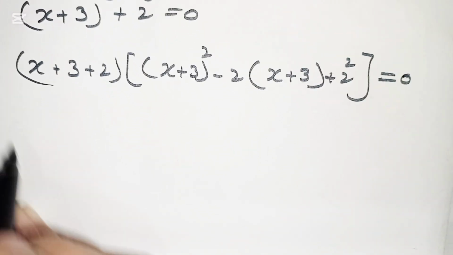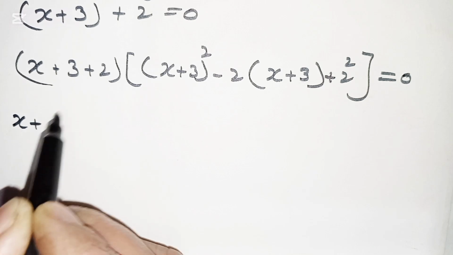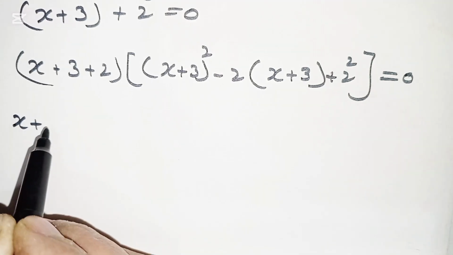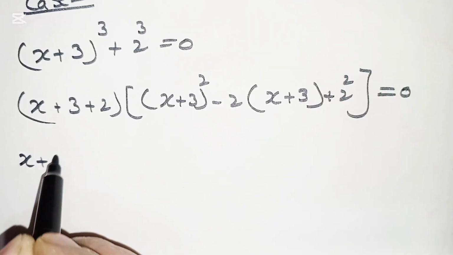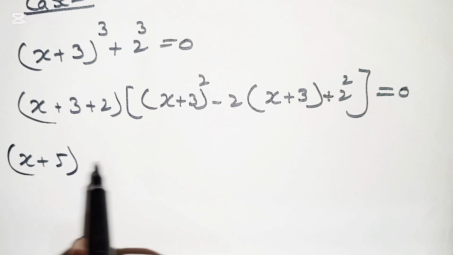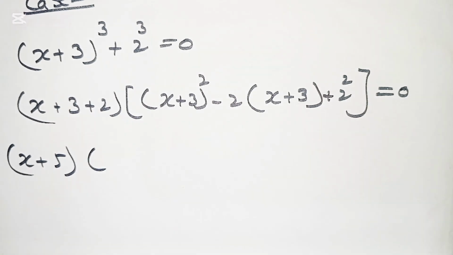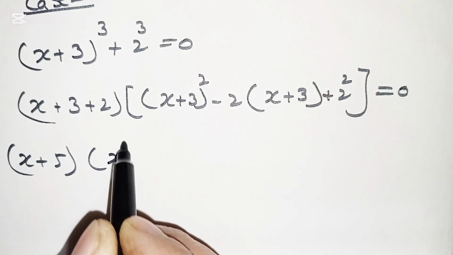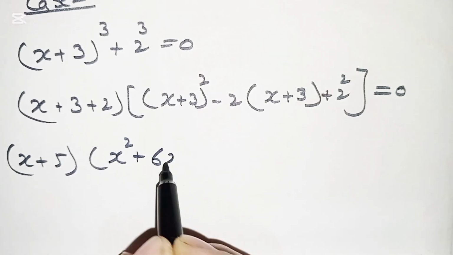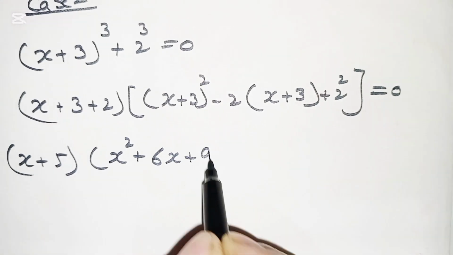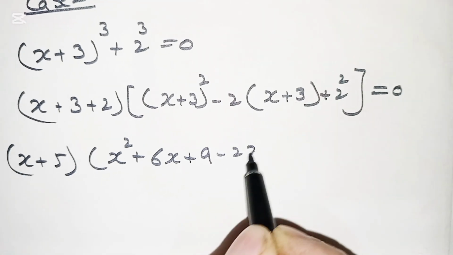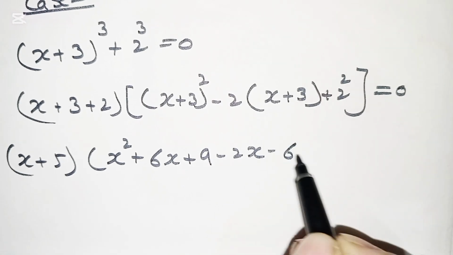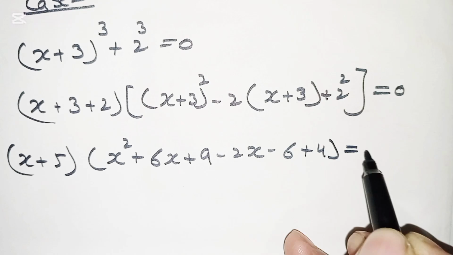And now x plus this 3 plus 2 is equal to 5, and now this we solve: x square plus 6x plus 9 minus 2x minus 6 plus 4 is equal to 0.